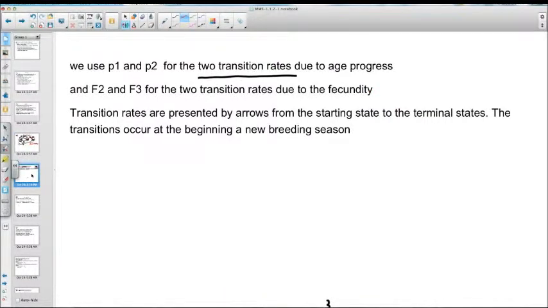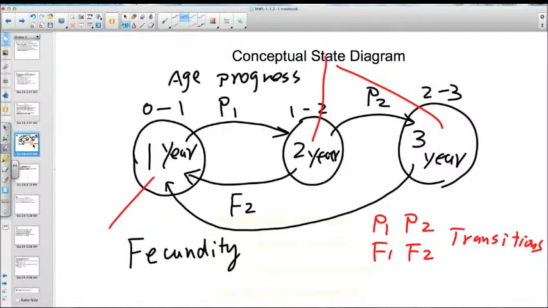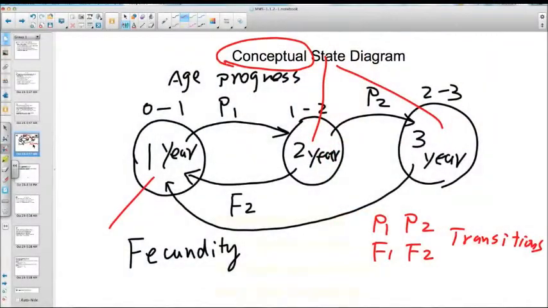Well, since we have not attached any number yet, this model only gives you the qualitative relationship. So I call it a conceptual model. And at least you can see the birth rates F1, F2, F3 will increase the population of the first year birds.